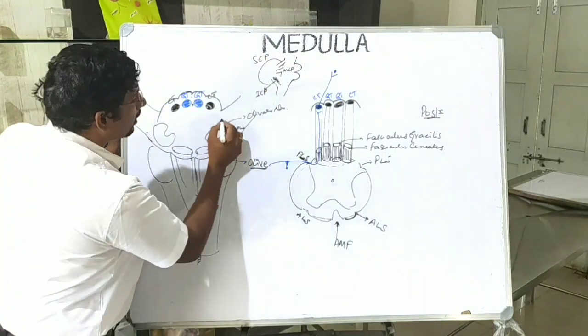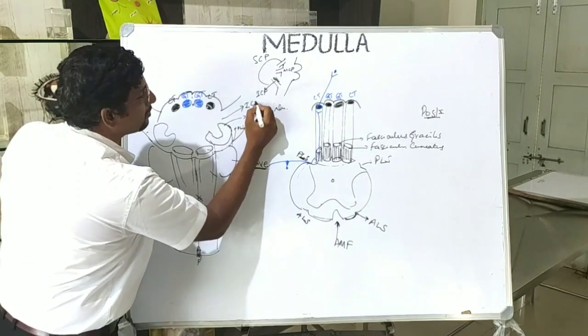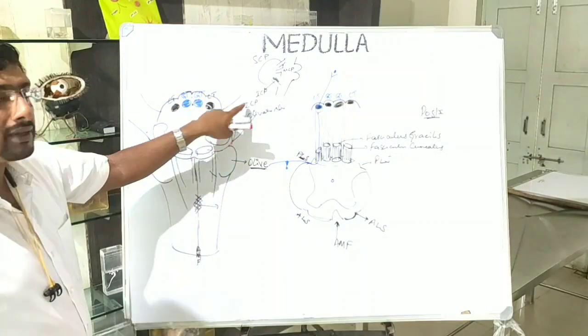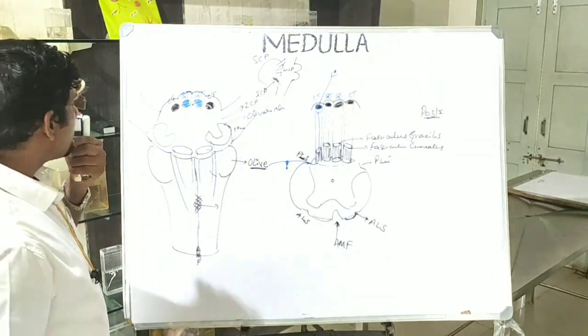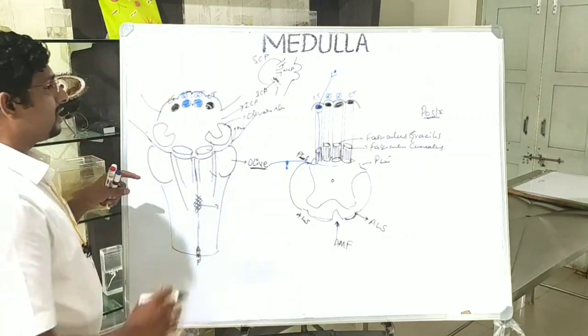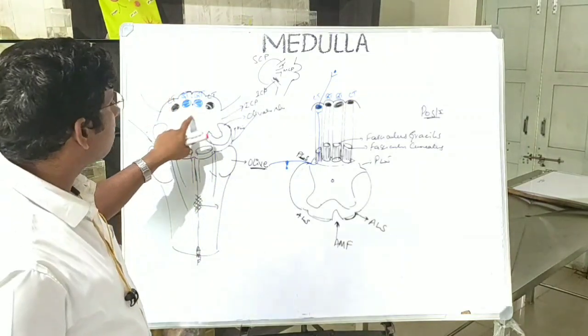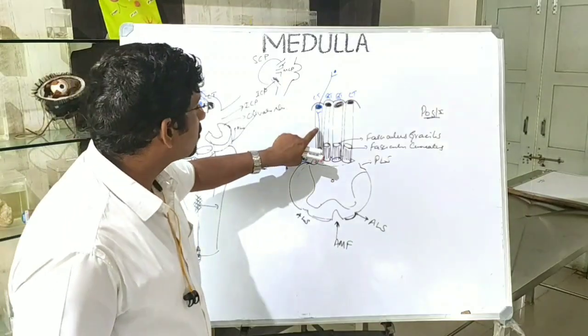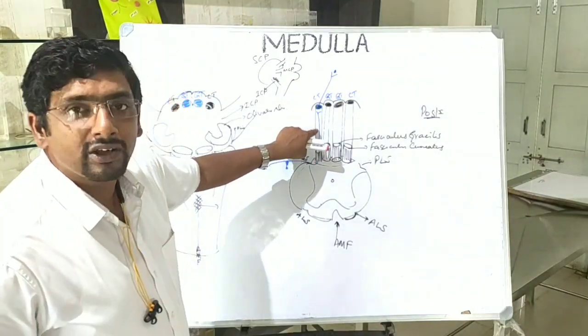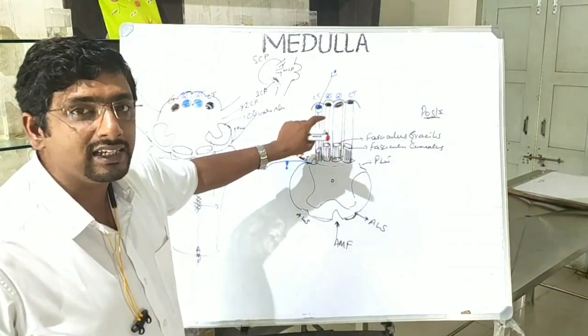Here, this is the inferior cerebellar peduncle will come here, right? So this is actually on the posterior side. If you see this one, so we understood about what is a fasciculus cuneatus and what is fasciculus gracilis.